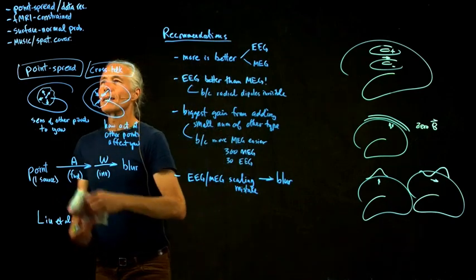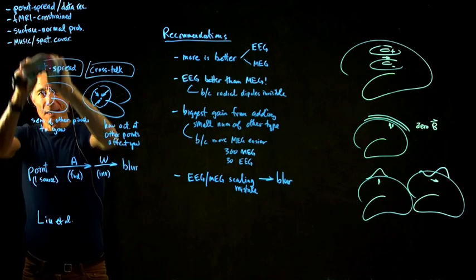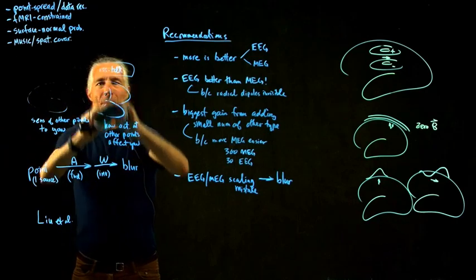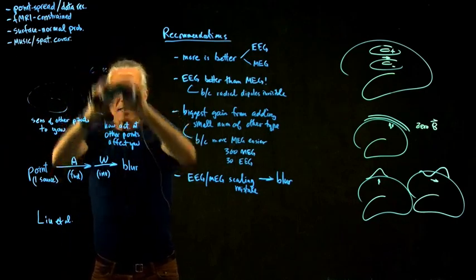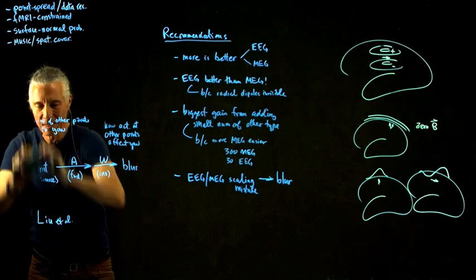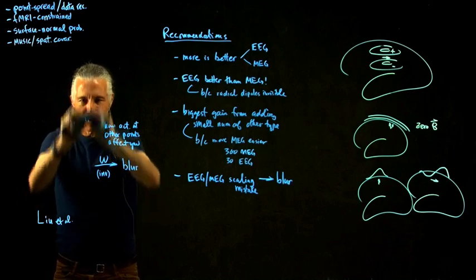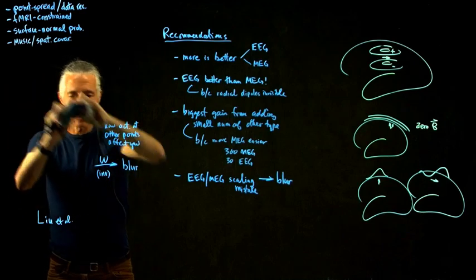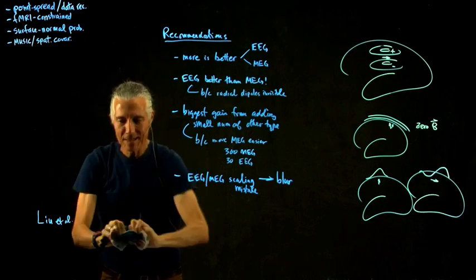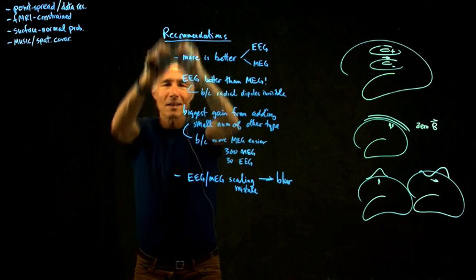So it's really good to combine EEG and MEG. Unfortunately, in the field, EEG and MEG compete with each other, because EEG people say, we're better than you because we're cheaper and we don't need a giant expensive room. And MEG says, well, we're better than you EEG guys because we've got way more sensors.